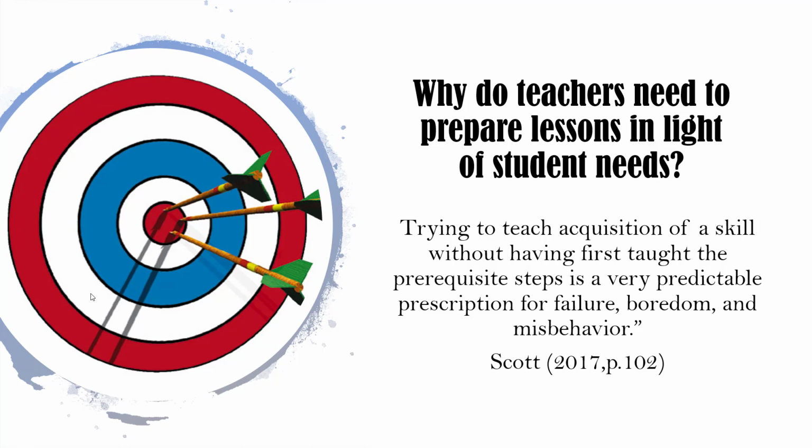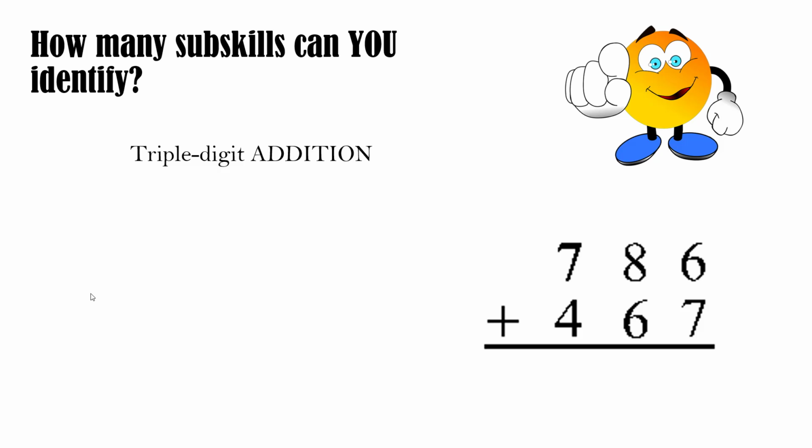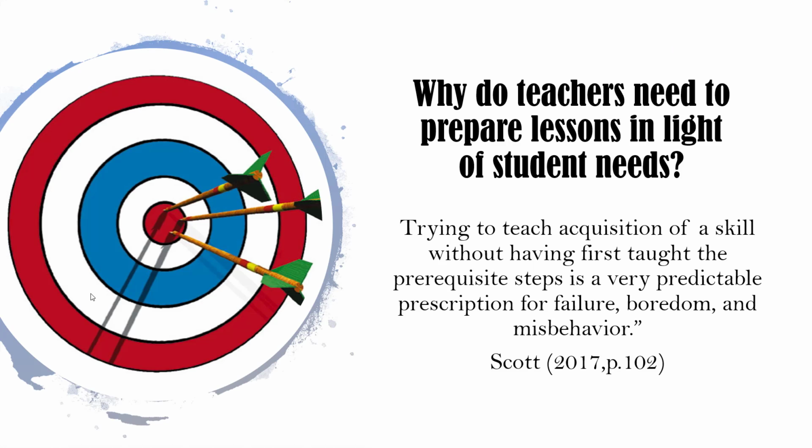With the skill, especially in this acquisition phase, if you're trying to teach a skill and you haven't taught the prereqs, then you're going to have a really hard time with that acquisition phase. It's already long, it's already hard at the beginning. So you can set the student up for success by ensuring that they have all those prerequisite steps.